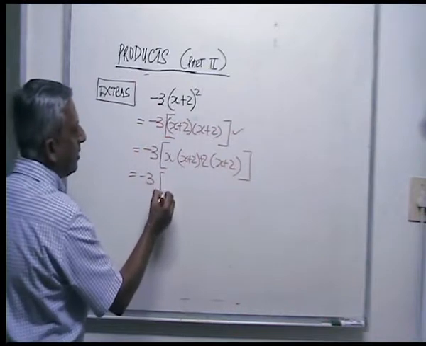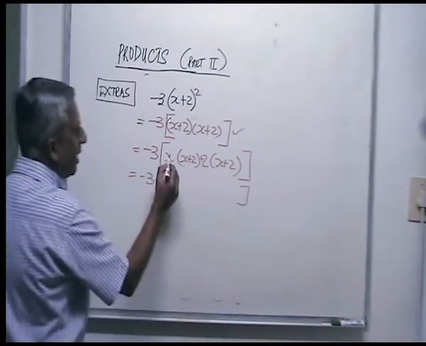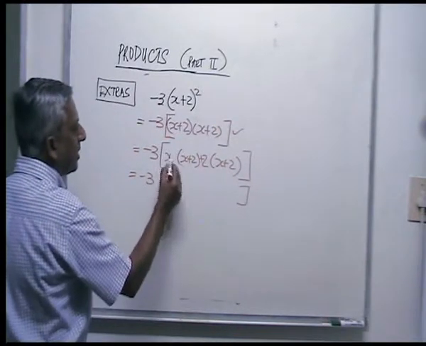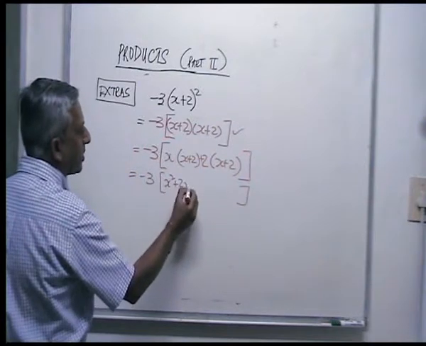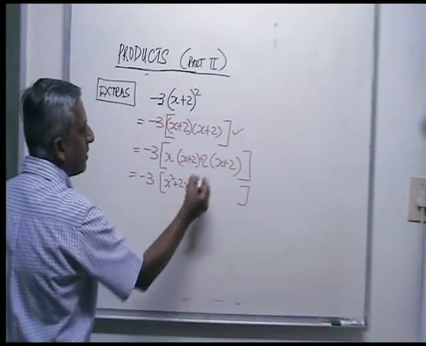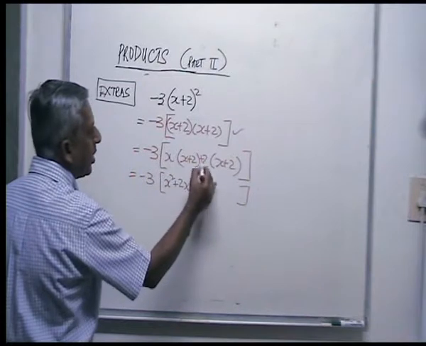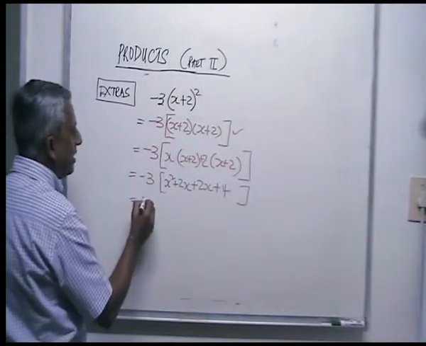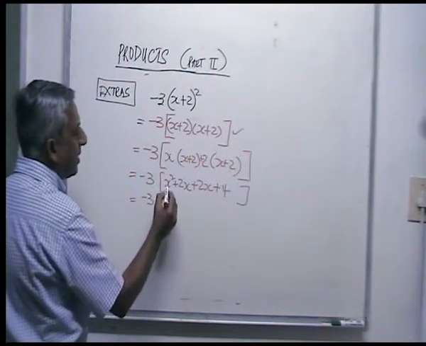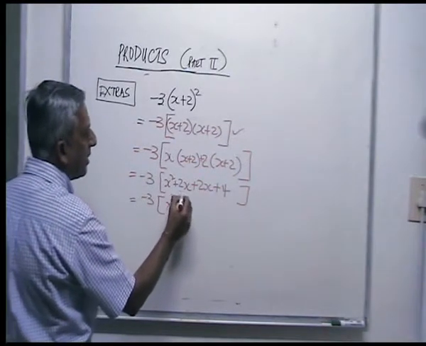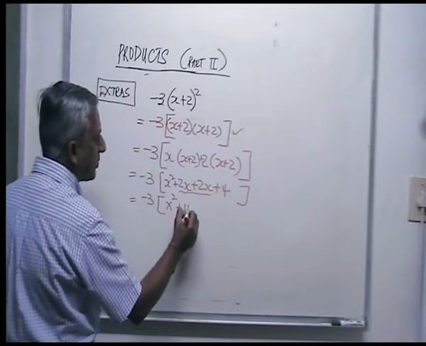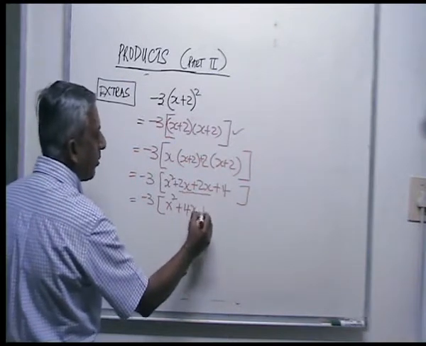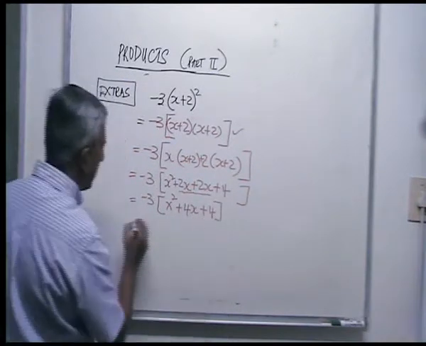Bring down that minus 3, and then you multiply x times x is x squared, x times 2 is plus 2x. Plus 2 times x is plus 2x, plus 2 times plus 2 is plus 4. Bring down the minus 3, that gives you x squared, and here you get plus 4x plus 4.